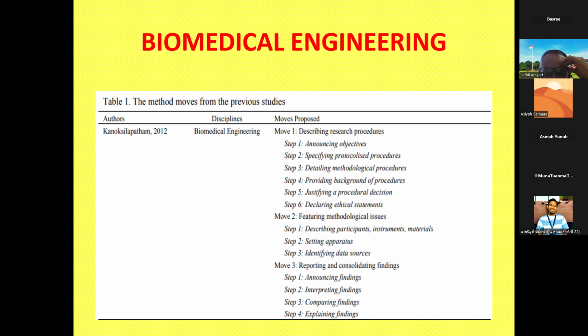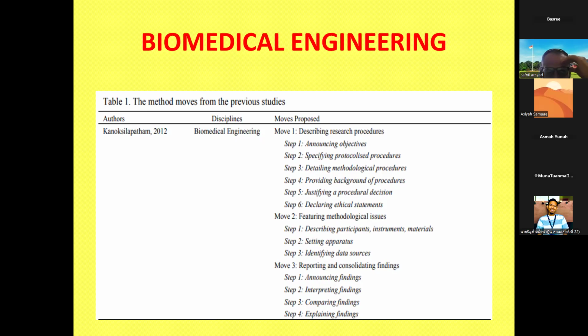Move two, featuring methodological issues, contains three steps: describing participant, instrument, materials, and setting apparatus, where apparatus is research instrument, and identifying data resources. And move three, announcing finding.